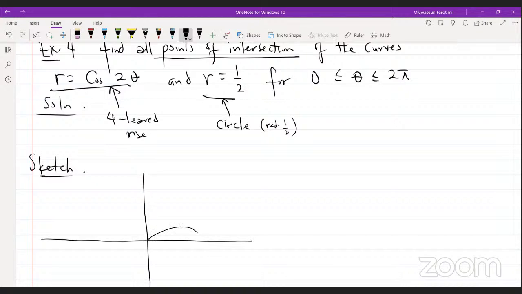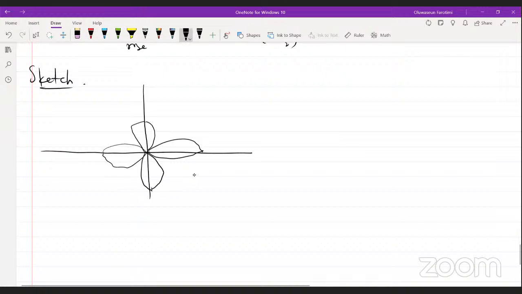So let's do the same thing again. 4-leaved rose, one loop, another loop, another loop, and then the final loop, okay? But that is a circle, okay? So that means I have to fit in a circle here. Okay, the radius of that circle is 1/2.